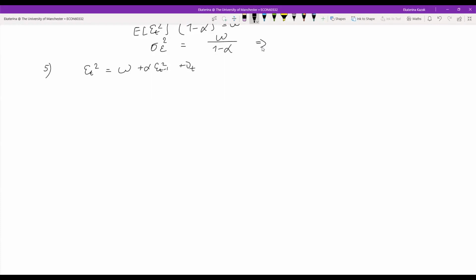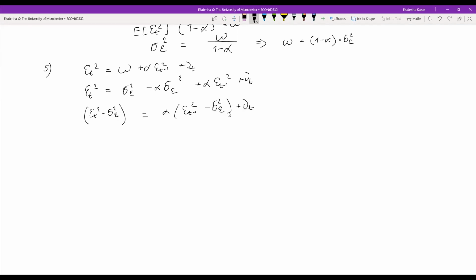The relationship which we have derived before, the unconditional variance of epsilon t, allows us to write down our intercept omega as 1 minus alpha times the unconditional expectation of epsilon t squared. And now we can insert this definition of omega into our R1 representation.